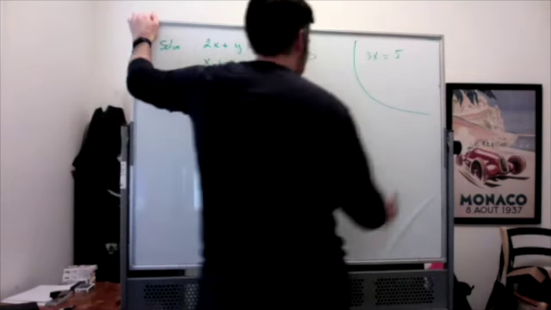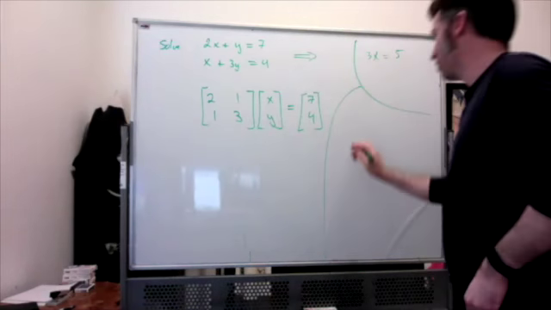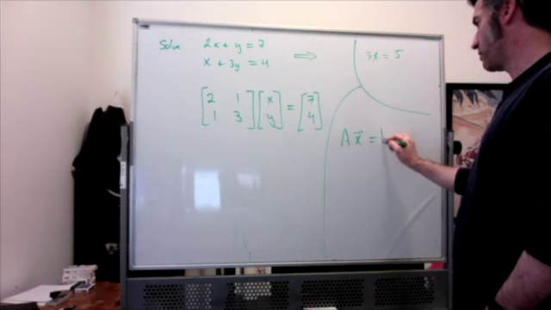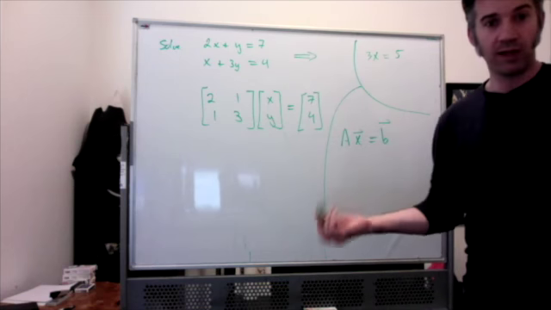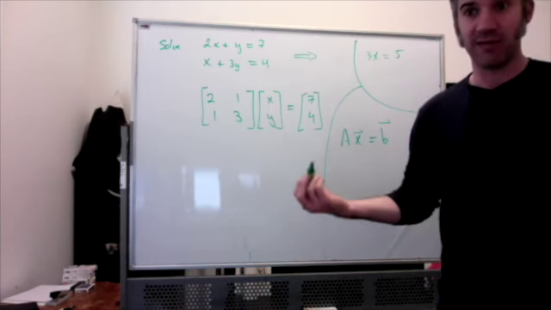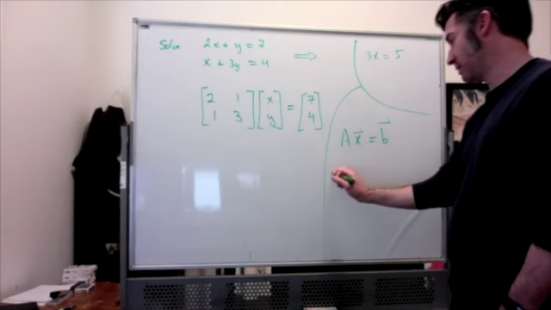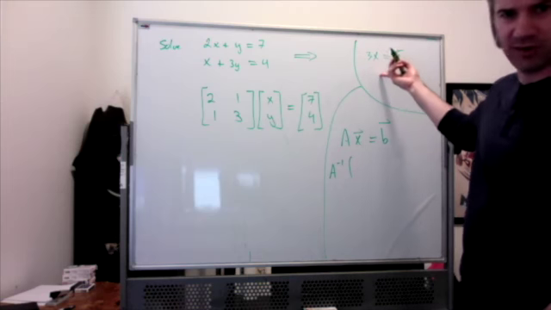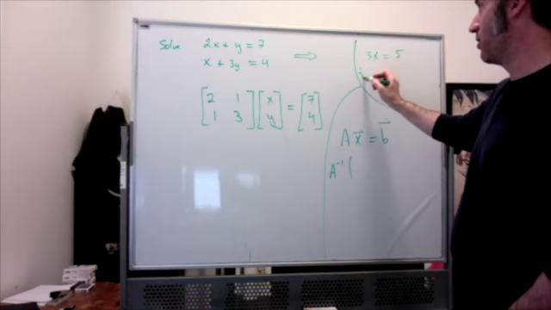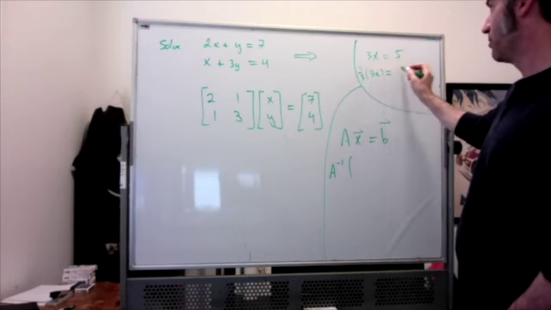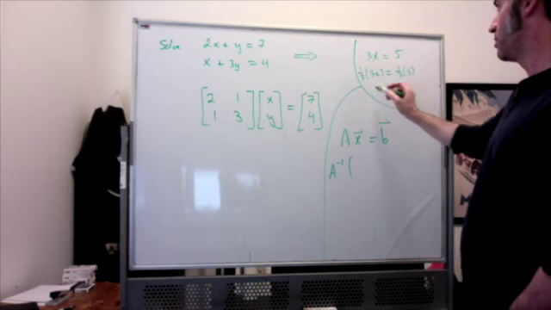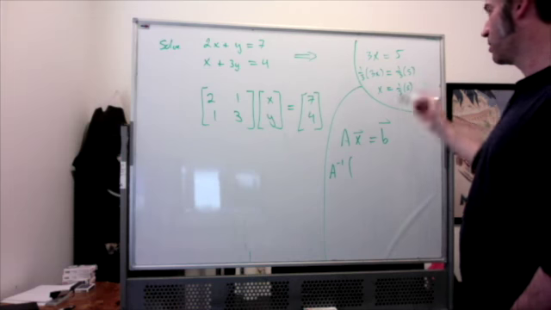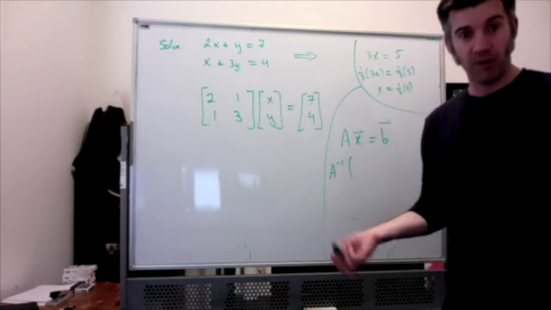And so if you're trying to solve A times a vector x equal to a vector b, one way to solve it, if A is invertible, is to multiply both sides by A inverse. Just like we multiply both sides by 1/3 here. So you get x equal to 1/3 times 5. It's the very same idea that you're going to multiply both sides by the inverse.